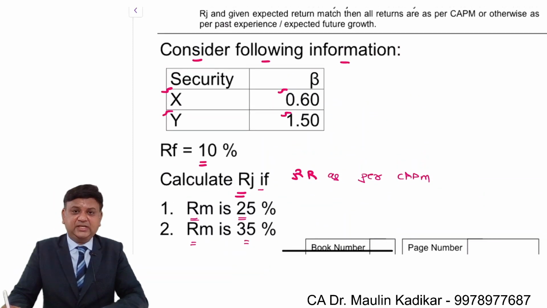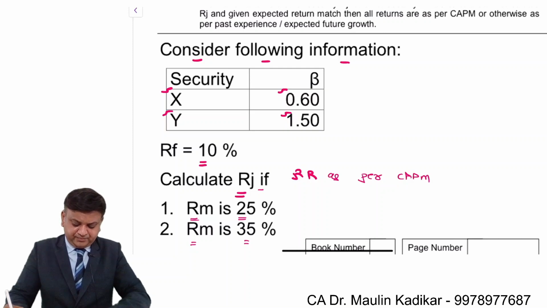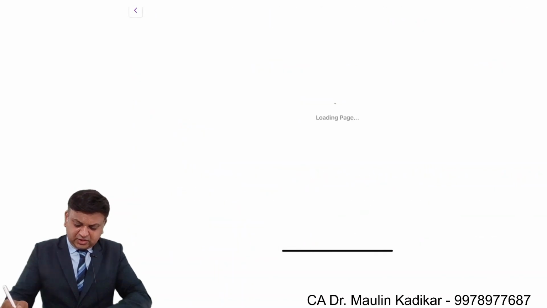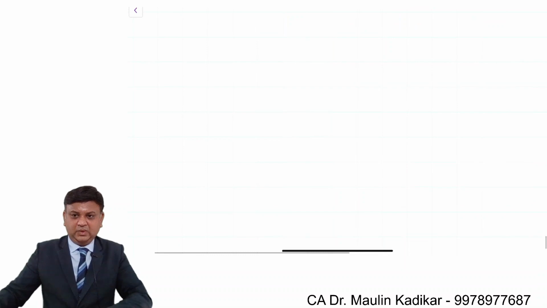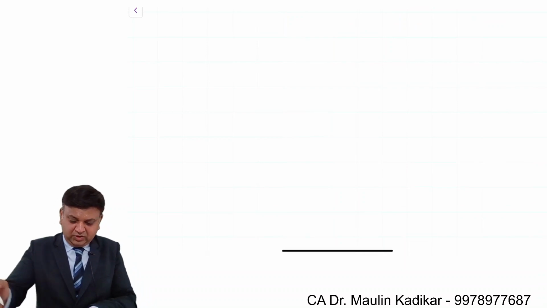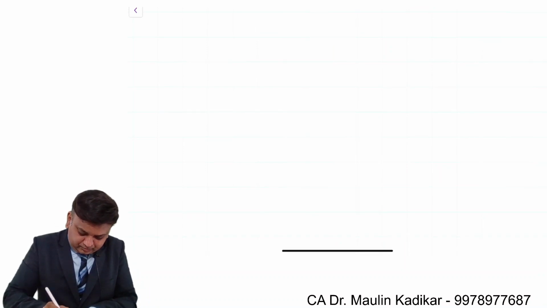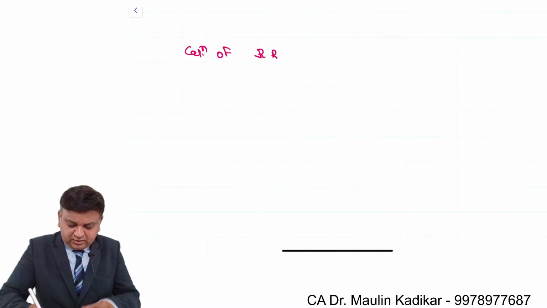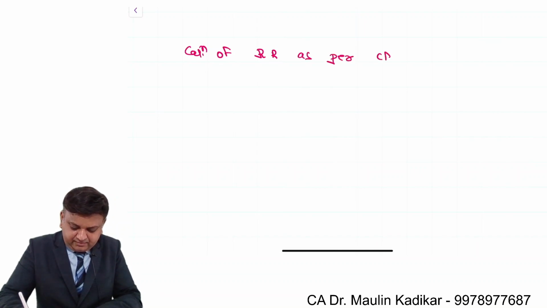So let us see how to make the calculation of the answer. I request all of you to write down the answer along with me. Calculation of required rate of return as per CAPM, if RM is 25%.